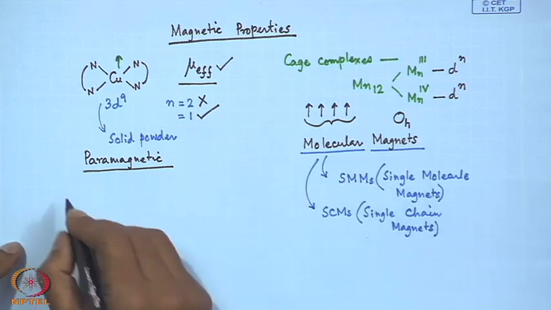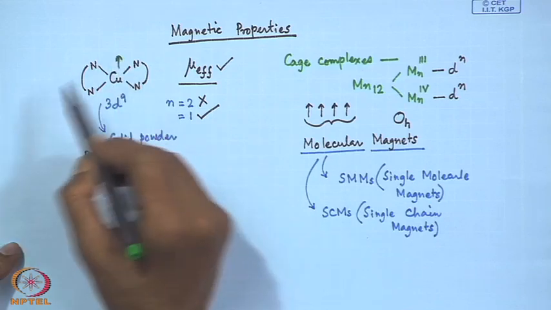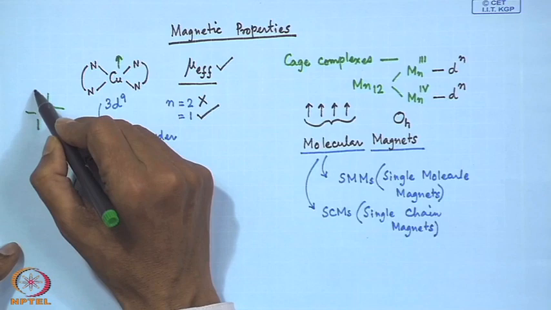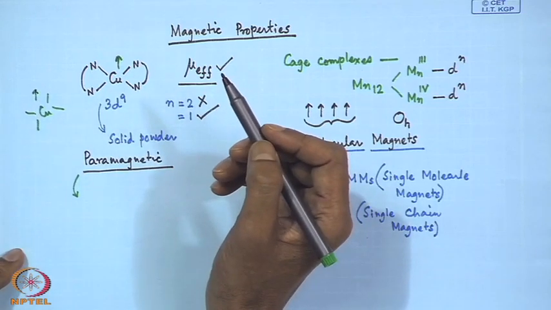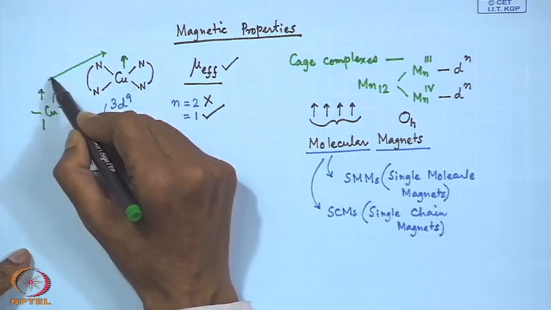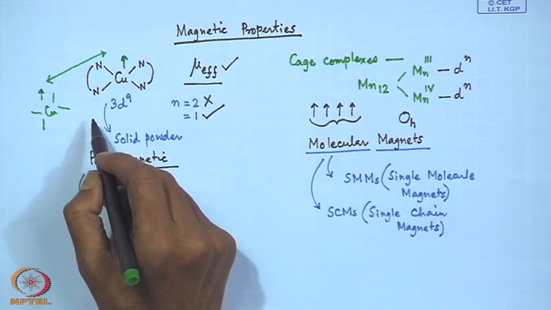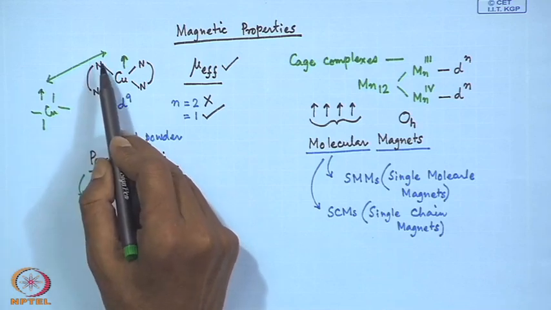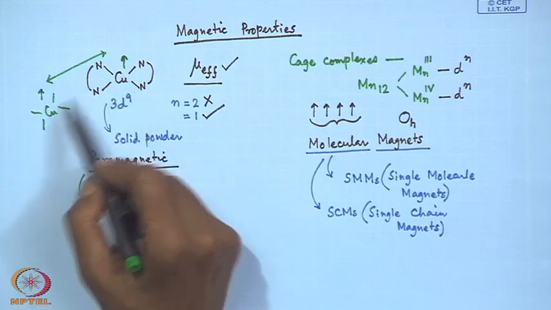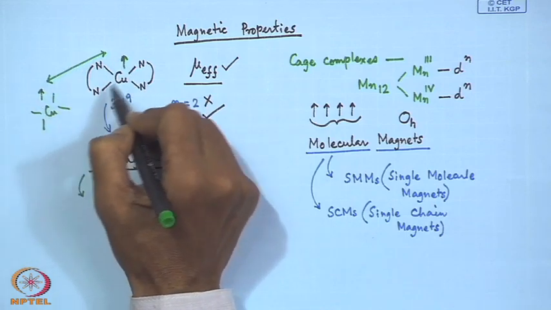and it is also a magnetically dilute system. So, what is that? A magnetically dilute system means we have individual centers which are well separated. So, if we have a second center over here having again one unpaired electron, these two unpaired electrons will not interact. They are at quite a large distance, even if we determine the corresponding solid state structure. Within that structure, if we get the crystal packing and find the distance between these two copper centers, we find that they are at a very large distance, so they cannot show any kind of interaction.